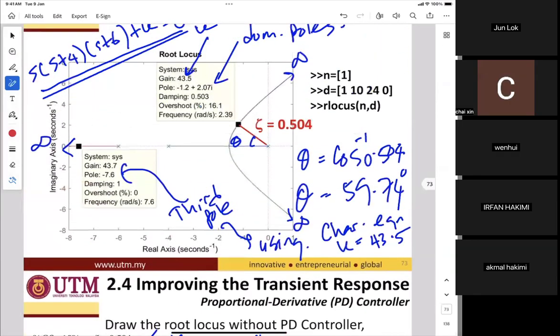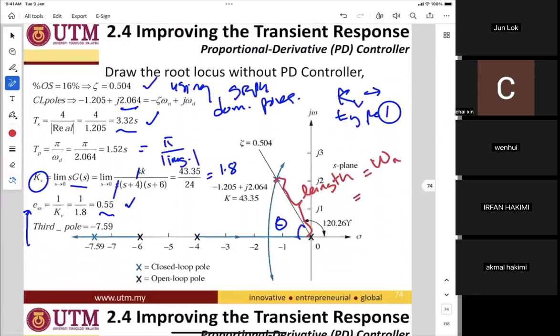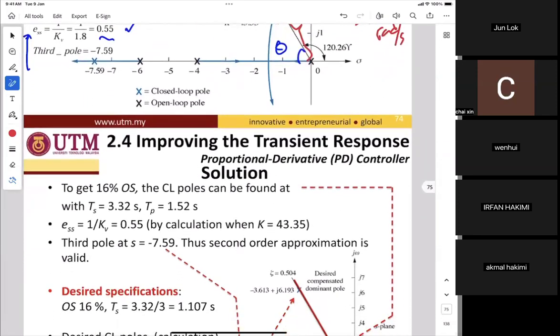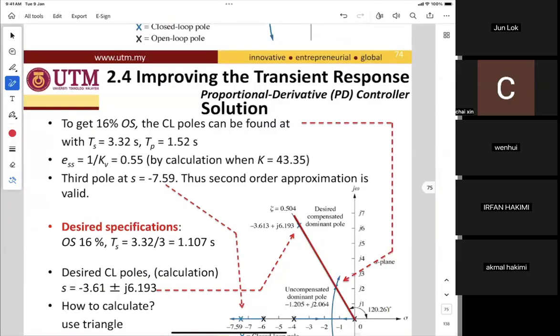What is the value of omega n? 2.39 radian per second. So from the 60% overshoot, the closed loop can be found here, 3.32 seconds and 1.52 seconds.